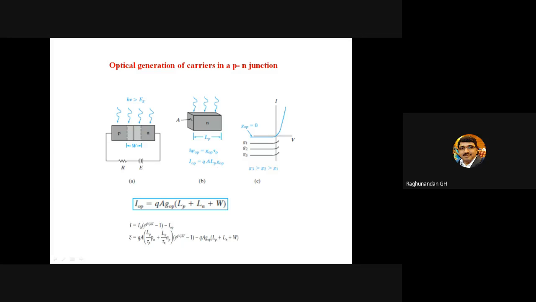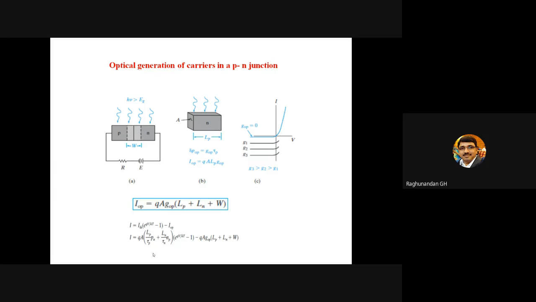After this, we can rewrite the same thing as I is equal to Q. You have to remember all these formulas because we are not going to have any derivation for this. So I is equal to QA (LP by tau P into PN plus LN by tau N into NP). We have already discussed tau.